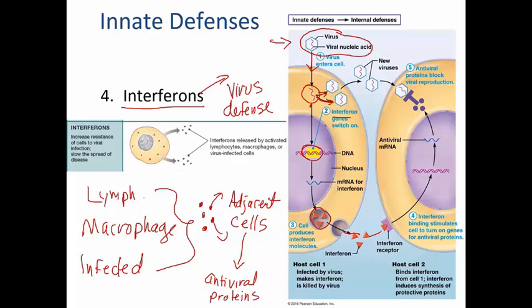So it's going to go over and bind to adjacent or nearby cells, to receptors, and when it binds to those receptors, it activates genes in that cell which produce antiviral mRNA and then antiviral proteins which block viral reproduction in the nearby cells, meaning that the nearby cells are protected from invasion of that virus. So the infected cell itself, although it's able to produce those interferons, is going to die because it's been infected by the virus, but it's able to keep alive its neighbors, which is good.